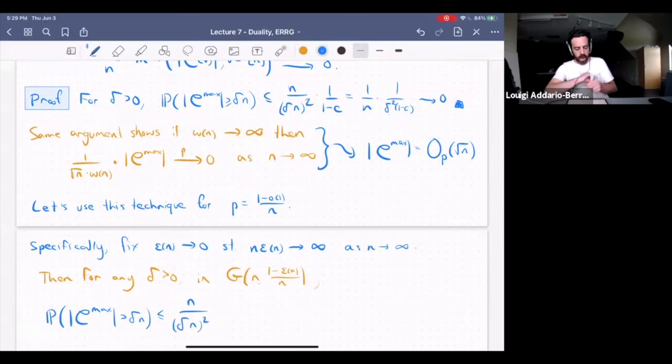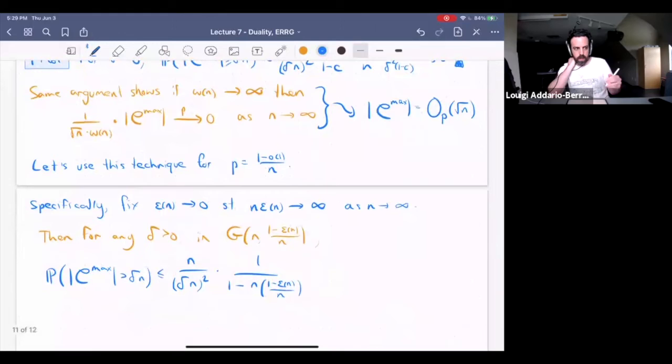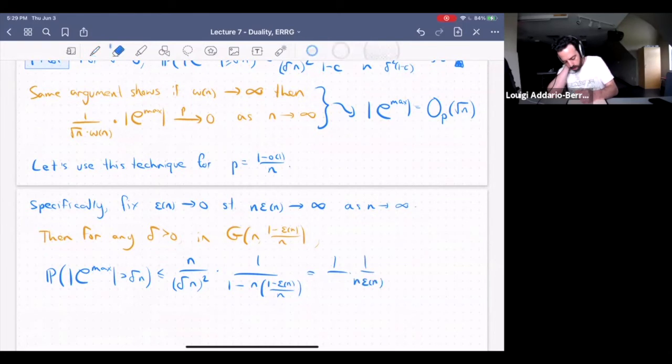But now I have 1 over (1 minus np), so that's 1 over (n times epsilon_n over n). So that's 1 over delta squared times 1 over (n epsilon_n). And now, because I assumed that n epsilon_n tends to infinity, this still tends to 0.